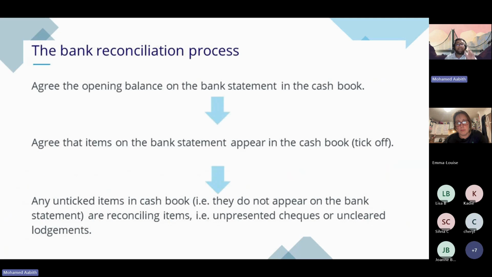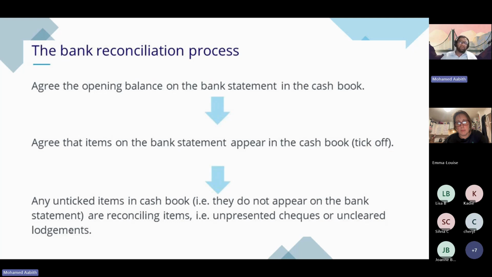So therefore they are the timing differences. We start by agreeing the opening balance on the bank statement and the cash book, and tick off each item on the bank statement that appears in the cash book. Any unticked items in the cash book are the reconciling items, unpresented cheques and outstanding lodgements, and anything in my bank statement I need to update my cash book with.